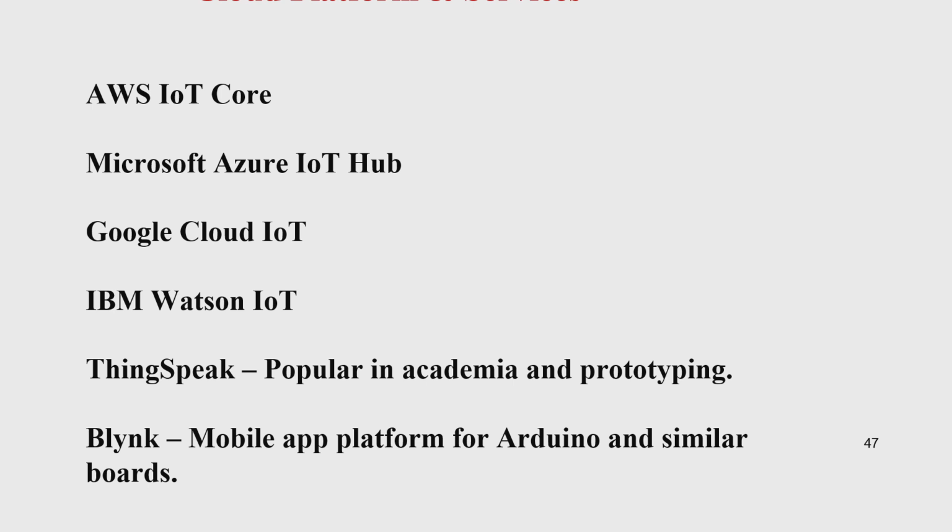Then there are many companies, many apps, like AWS IoT Core, Microsoft Azure IoT Hub, Google Cloud IoT, IBM Watson IoT, ThingSpeak. It is popular in academia and prototyping, and Blynk is a mobile app platform for Arduino and similar boards. So like that, there are many apps which can be used for developing this.